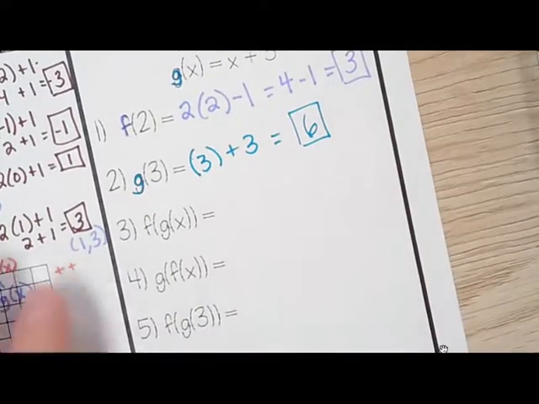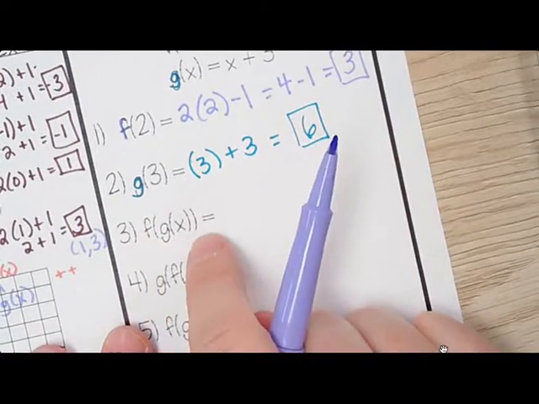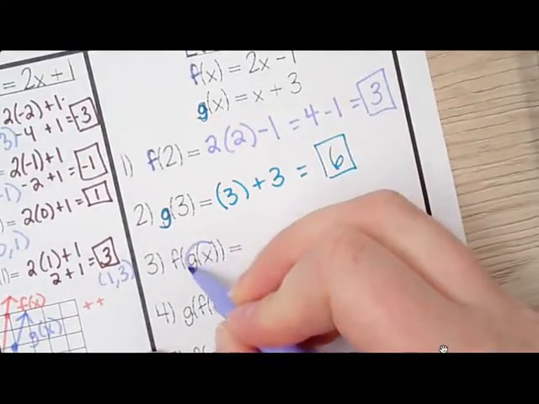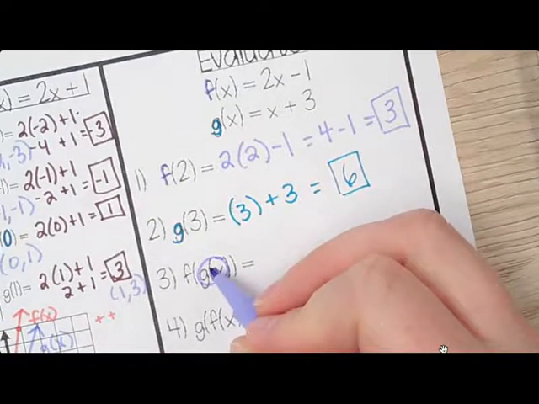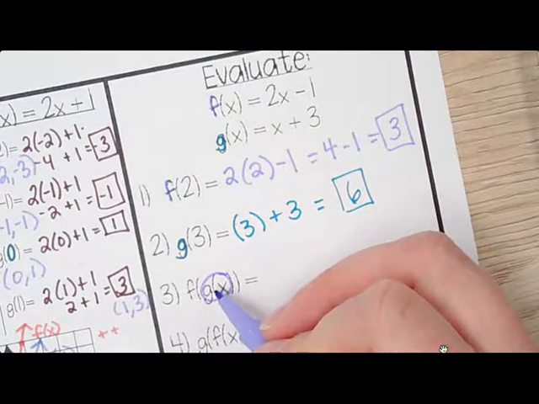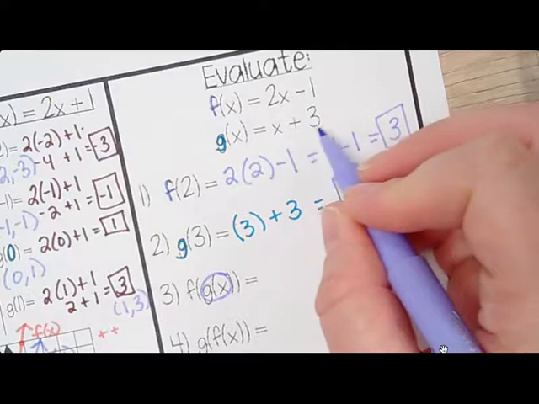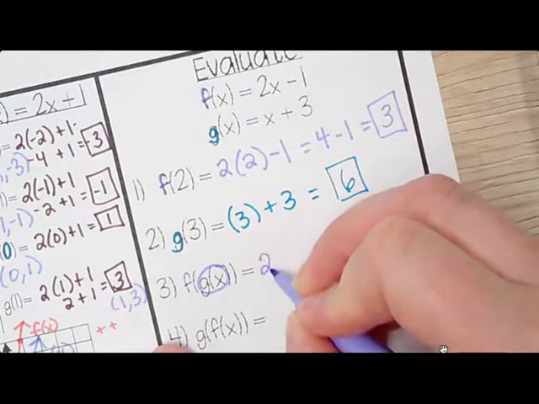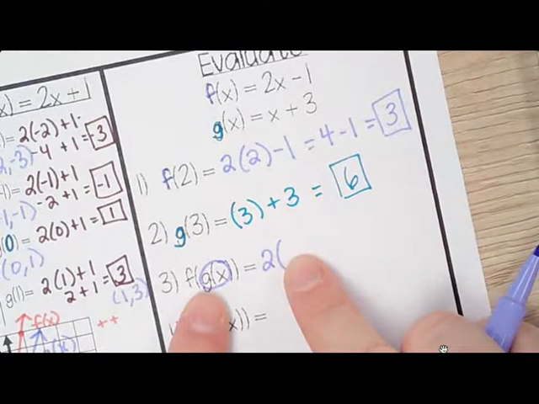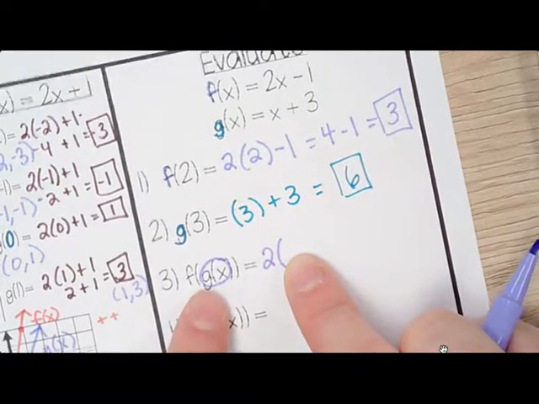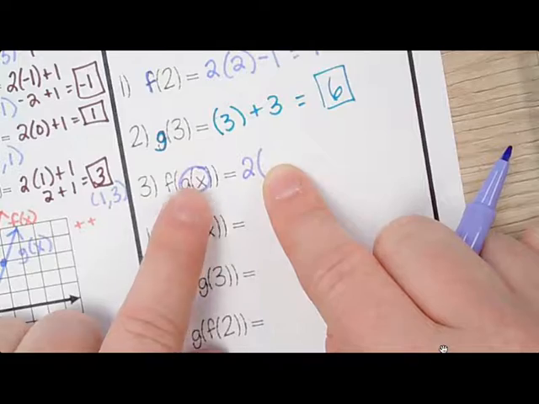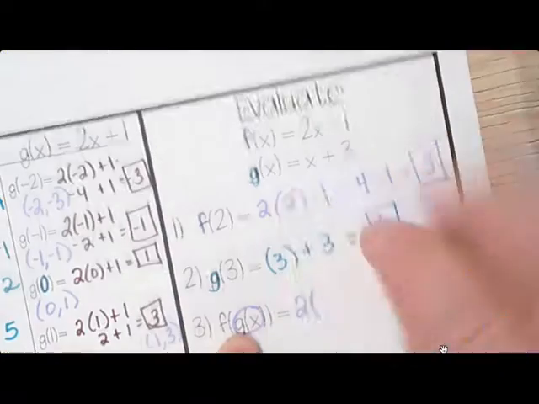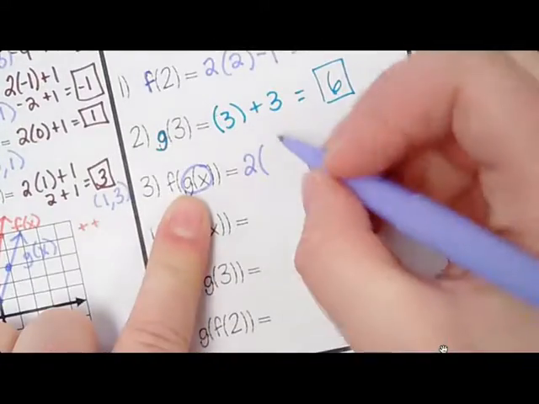Okay, so now this is where it gets fun. All right, f of g of x. That means in the place of x, I'm going to plug in g of x. g of x is x plus 3. So instead of putting x, I'm going to input g of x, which is x plus 3.